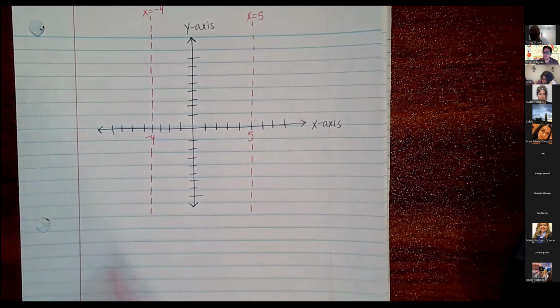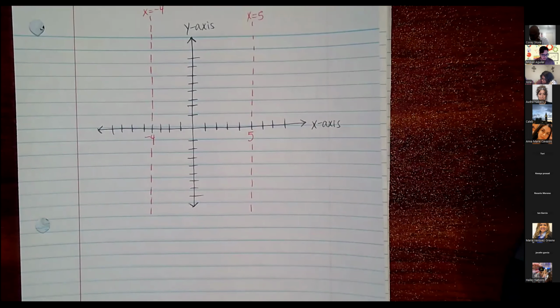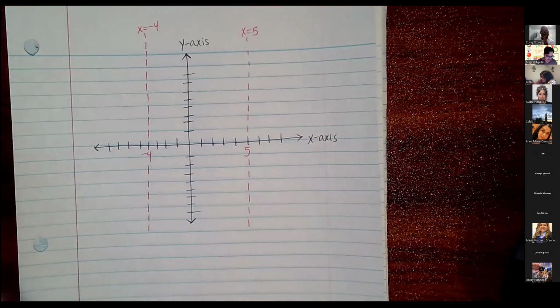So that's what we mean when we say draw the vertical asymptotes. Just draw those little dash lines. Any questions or comments there? Does anybody need more time to write this or draw this out?